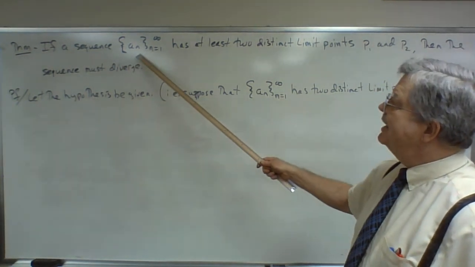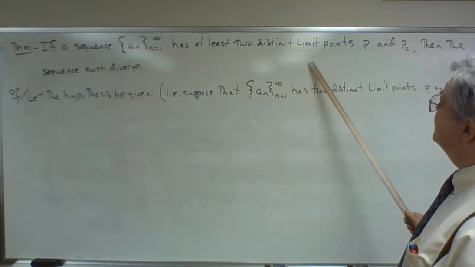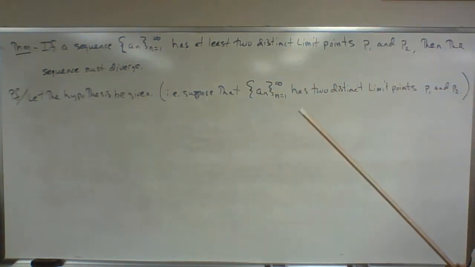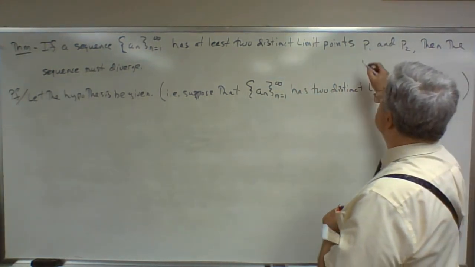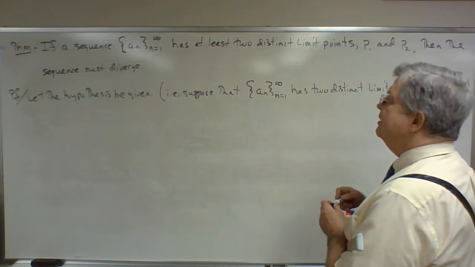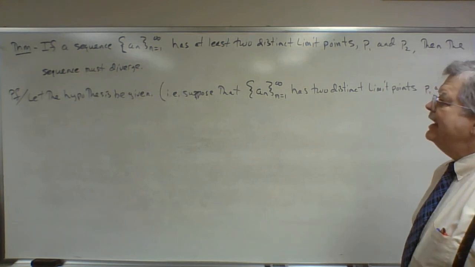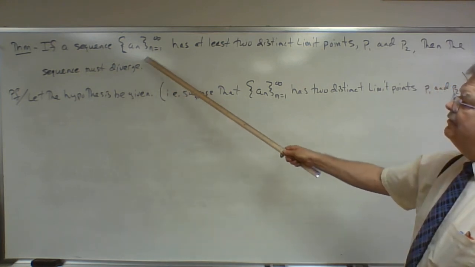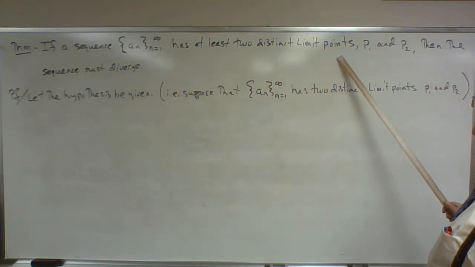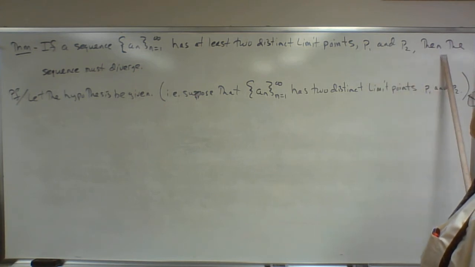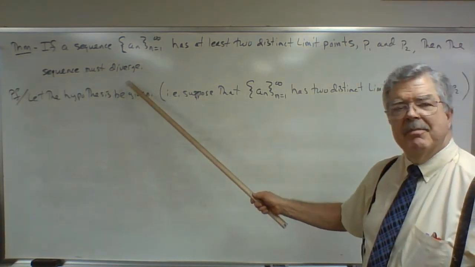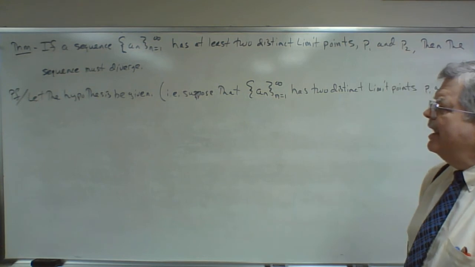If a sequence A sub n has at least two distinct limit points, P1 and P2, can the sequence converge? And the answer is no. If the sequence has at least two distinct limit points, P1 and P2, then the sequence must diverge.